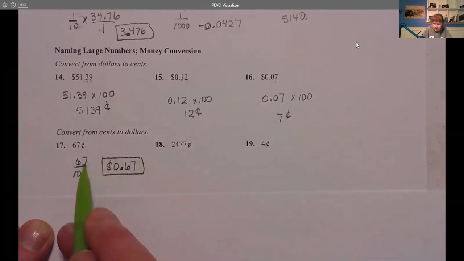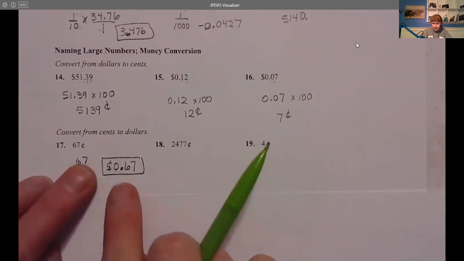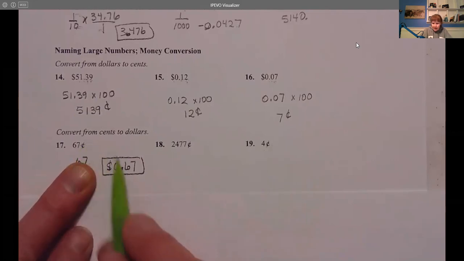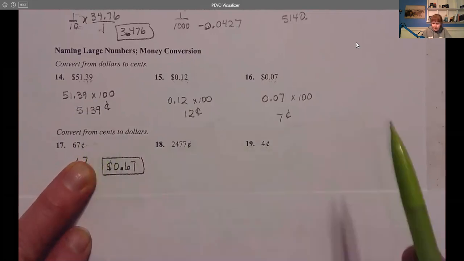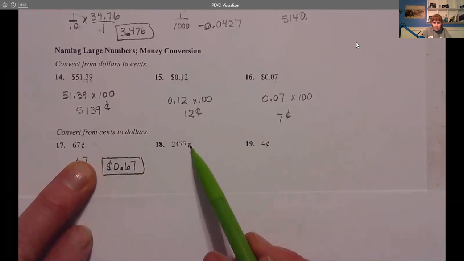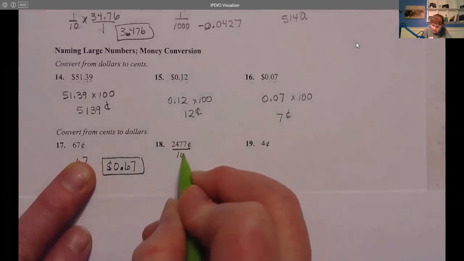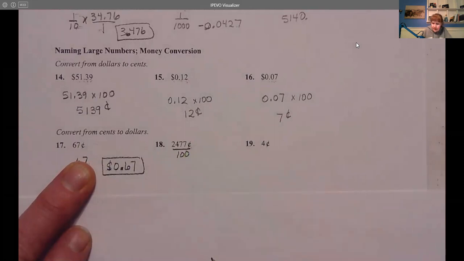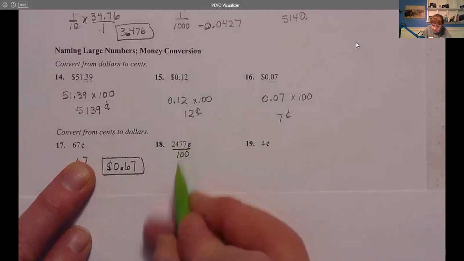So I move the decimal to the left. I put the 0 there as a placeholder, and I put a dollar symbol. So these two mean exactly the same thing, whether or not you want to use a dollar or cents. Here, divide by 100. So you'll move the decimal to the left twice.